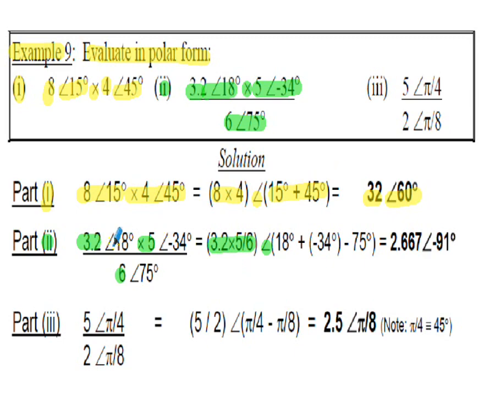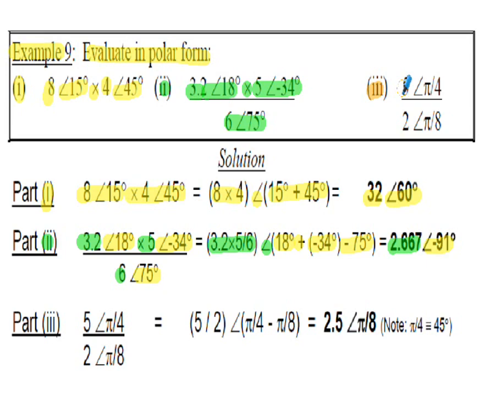And for the arguments we've got 18 degrees plus a negative 34 degrees, and then take away the denominator, the 75 degrees. Be very careful with your directed signs here. Evaluating that sum we get 2.667 for the modulus and an argument of negative 91 degrees.